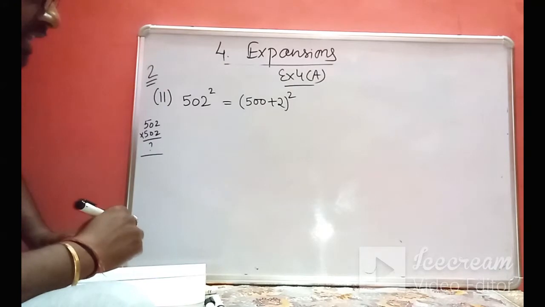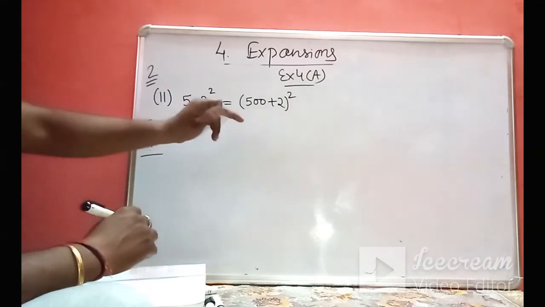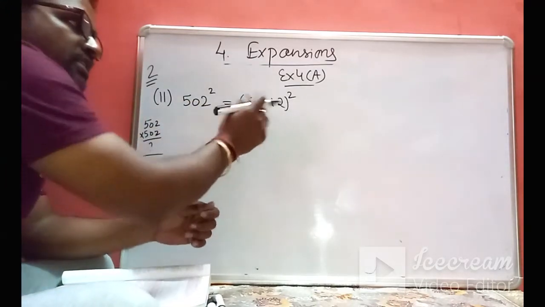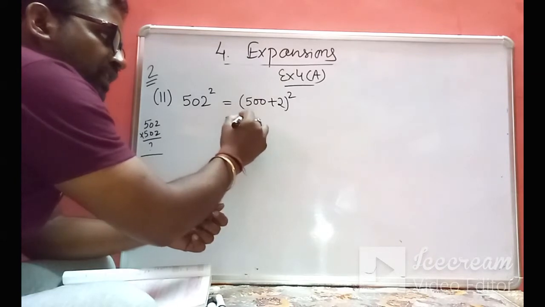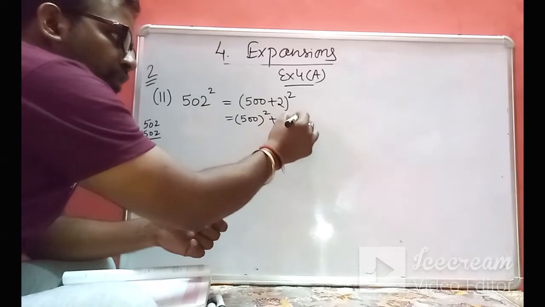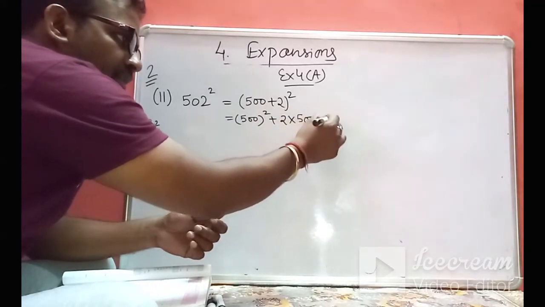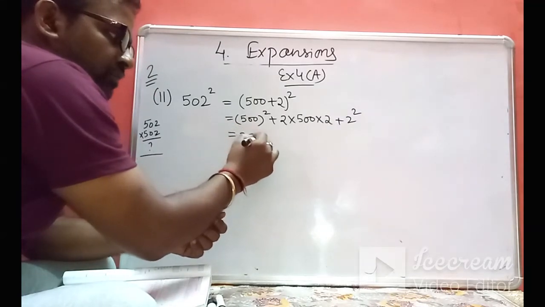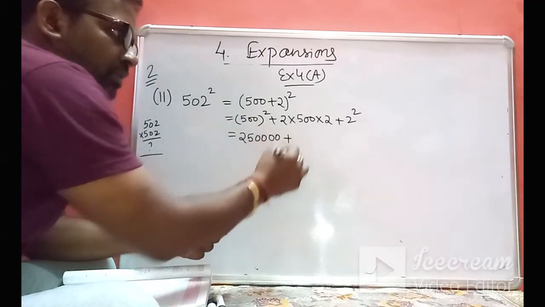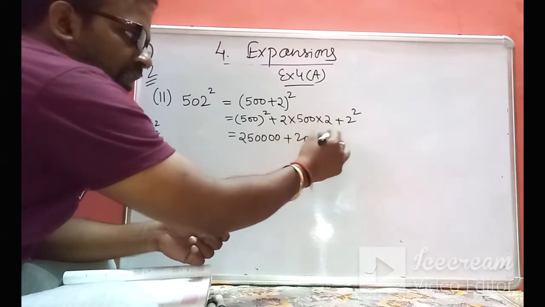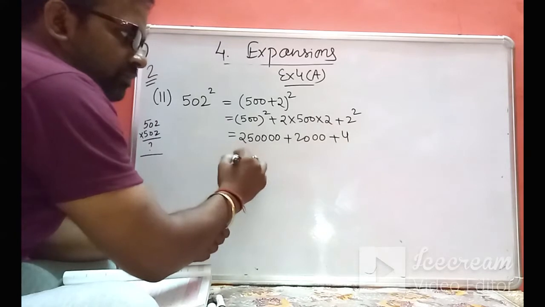Now, why have I taken 500? Because it is comparatively easy for us to calculate the square of a number which contains 0 at the end. So it is now (a plus b) whole square, so we can write a square plus 2 into a into b plus b square. So it is 250000 plus 2 into 2 is 4, 4 into 5 is 20, and then again 2 zeros, plus 4.